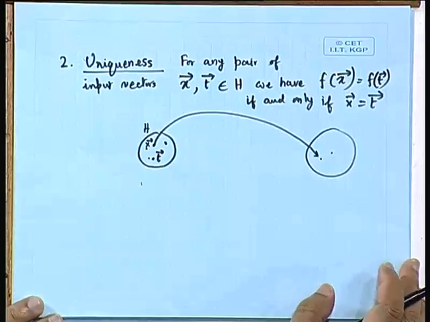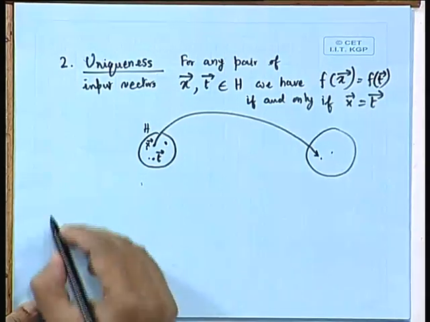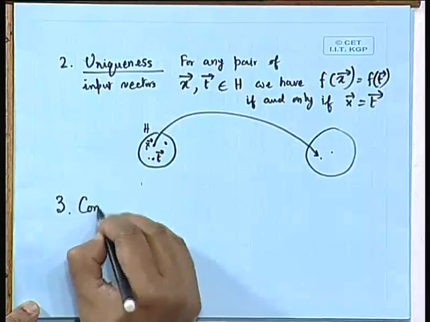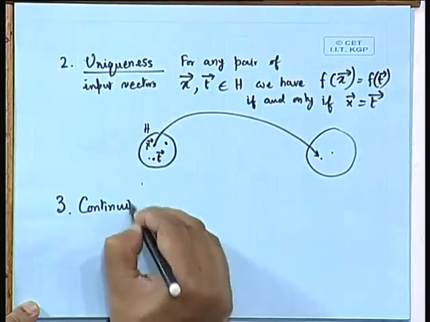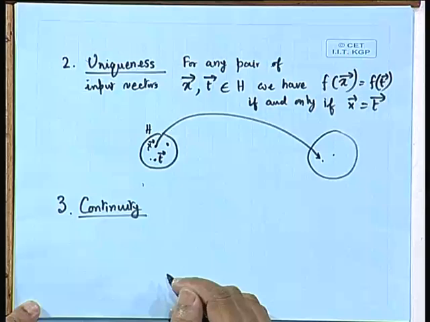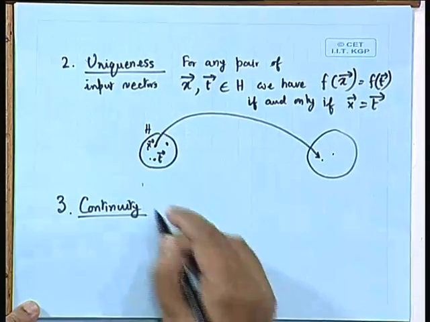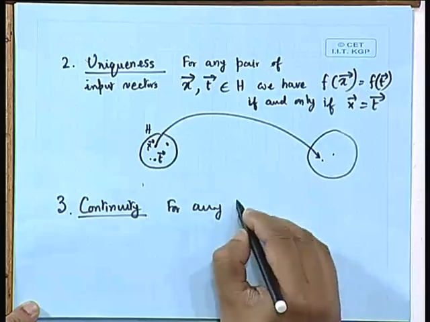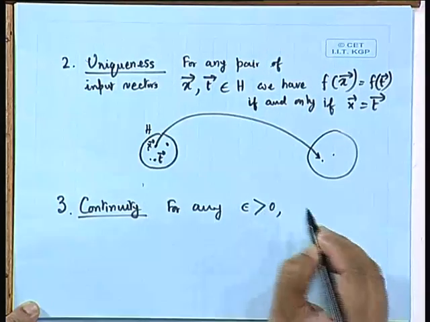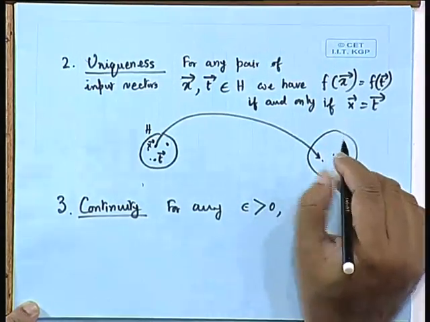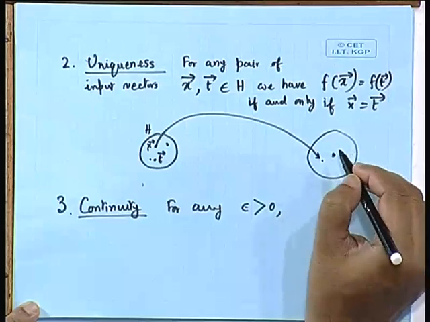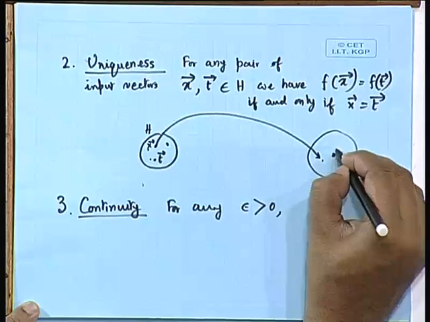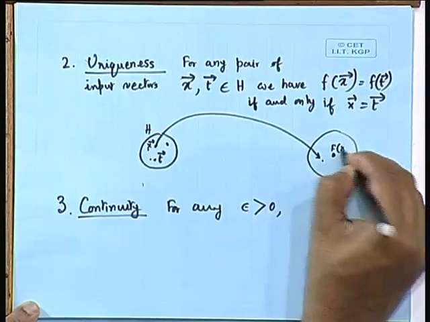So, that is the uniqueness condition, and then comes the third condition, which is called the continuity condition. And what is the continuity condition? Let us take it like this: for any epsilon greater than 0, let us say that we have a point, which is f x vector.